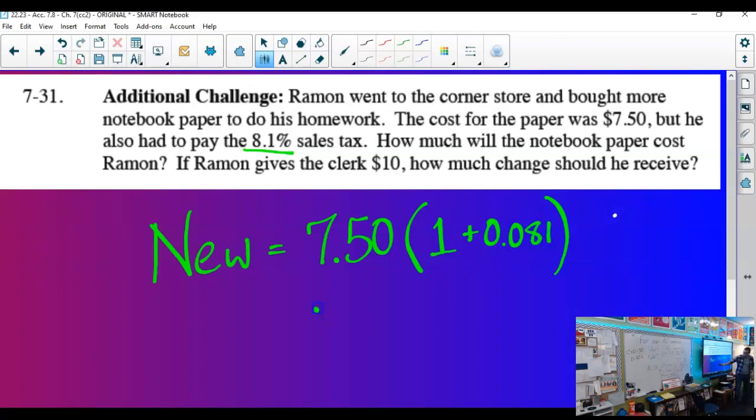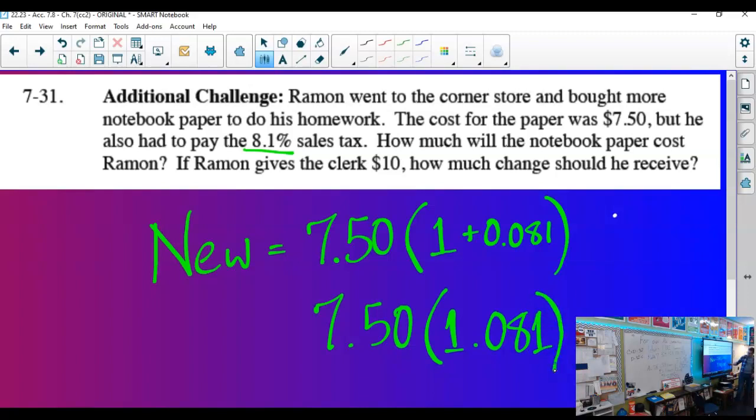So we could also just say 7.50 times 1.081. Is it necessary? No. If it's money, I can do it. Is it going to change your answer? No. Is it going to confuse people potentially? Yes.